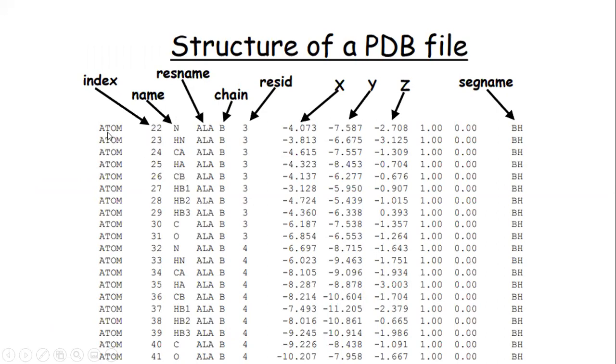For example, the first atom is named N. This is important because each software, for example CHARMM, GROMACS, and Amber, even though they have similarities, has a specific naming system.